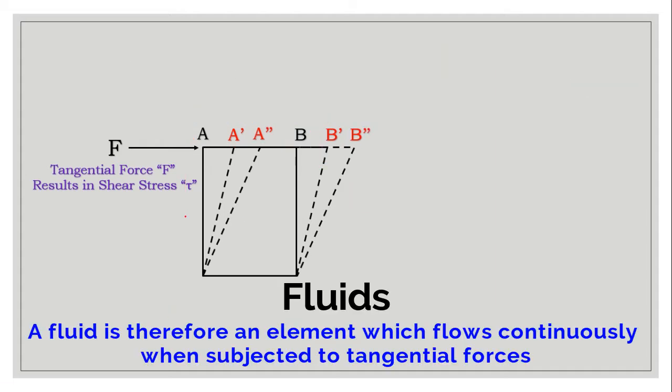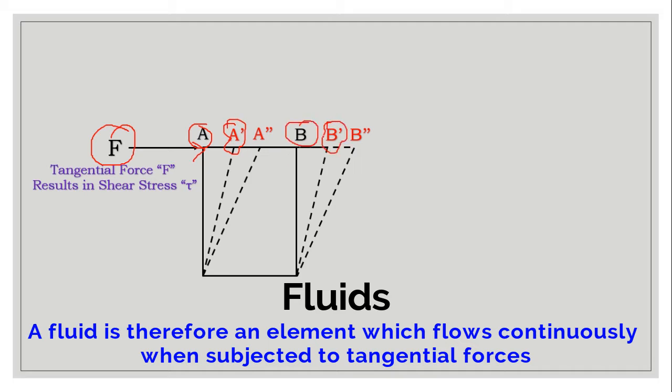Let us now consider any fluid element and a tangential force F is applied on this fluid element. As soon as the deformation takes place due to this force F, A moves to A dash and the point B on this fluid element moves to point B dash.